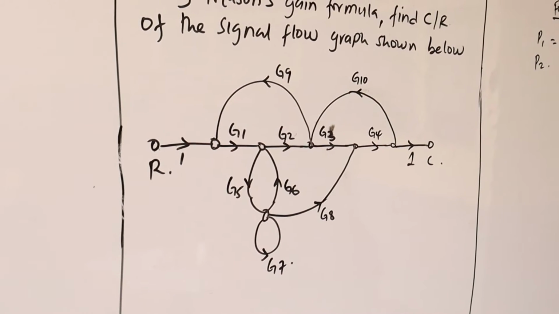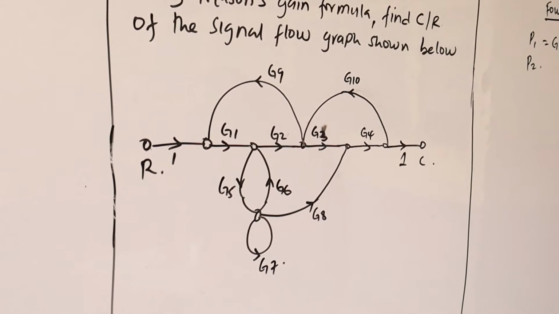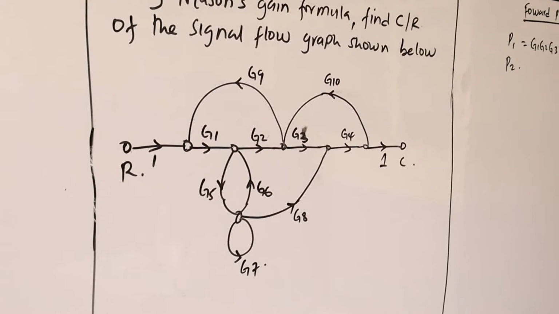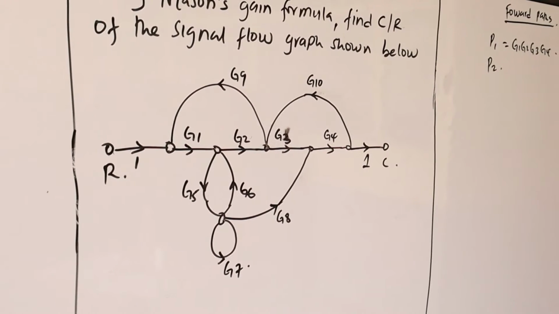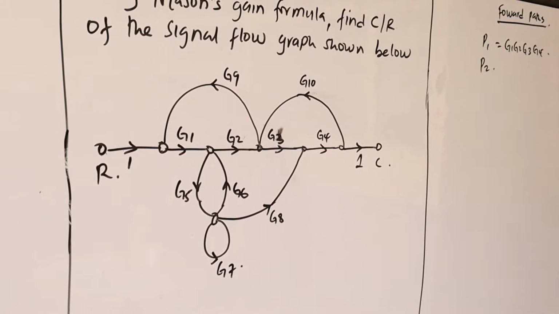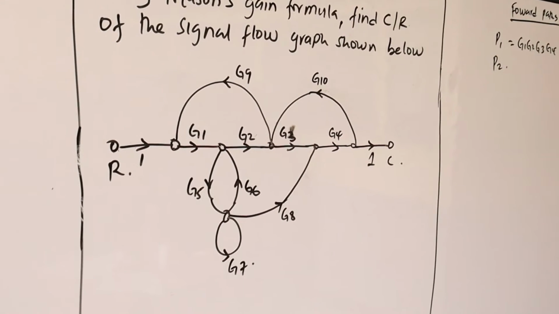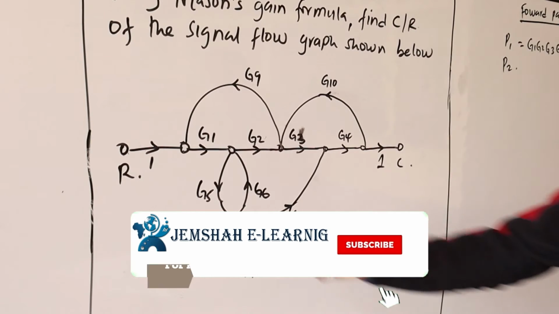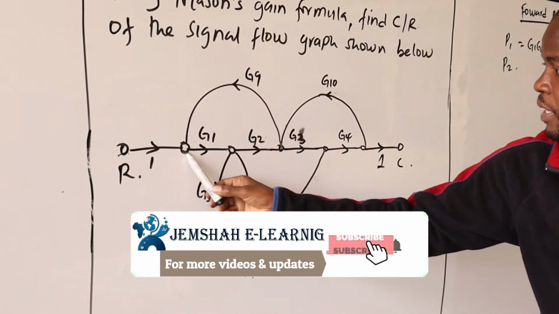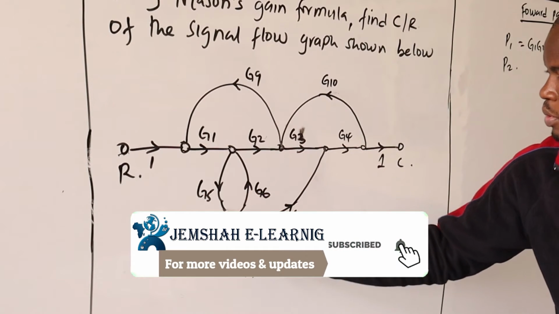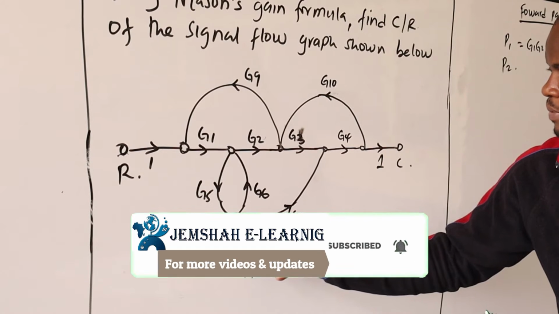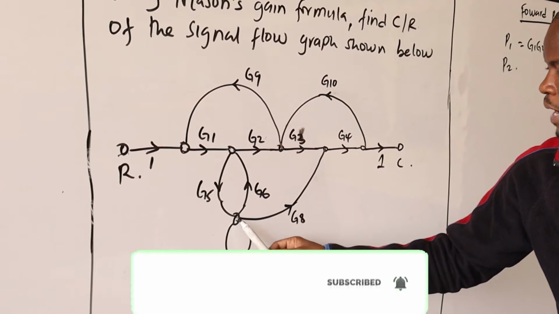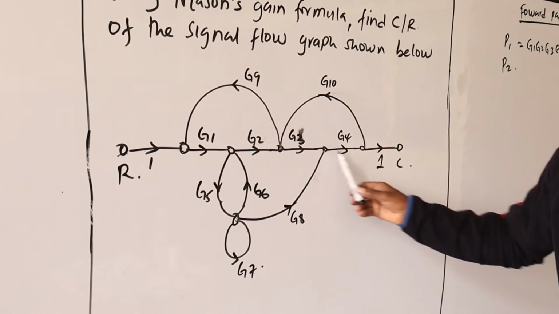Our second path here, because G10 is also a feedback, we are going to have G1, then it comes to G5, G8, G4.